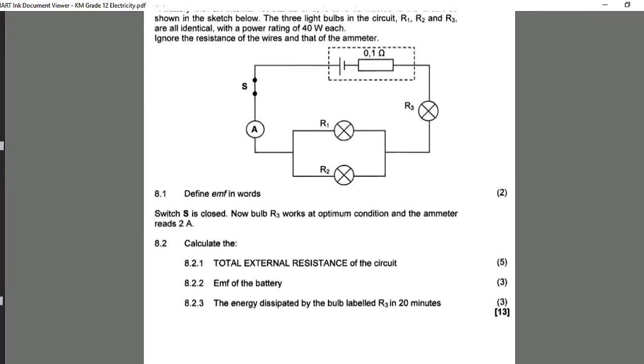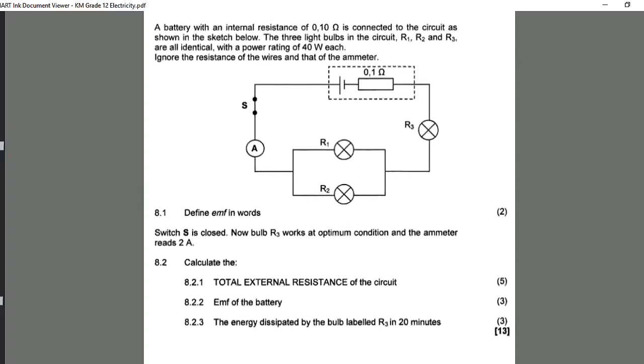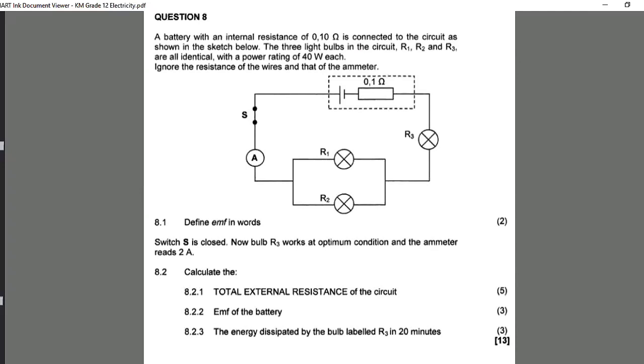So now let's look at another one. We have question 8 here, which says a battery with an internal resistance of 0.10 ohms is connected to the circuit as shown in the sketch below. The 3 light bulbs in the circuit R1, R2, and R3 are all identical with a power rating of 40 watts each.